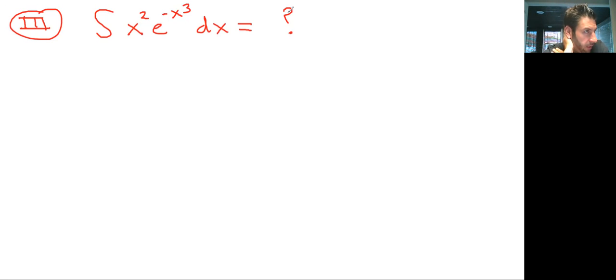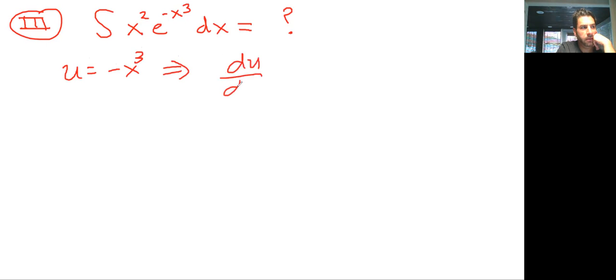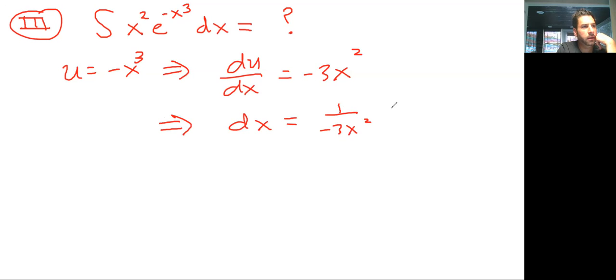If I think about this for a while, I might try a few things. But after some trial and error, what you might notice is that the optimal substitution is let u equal negative x cubed. And then du dx is negative 3x squared. And then dx is 1 over negative 3x squared du, excuse me.